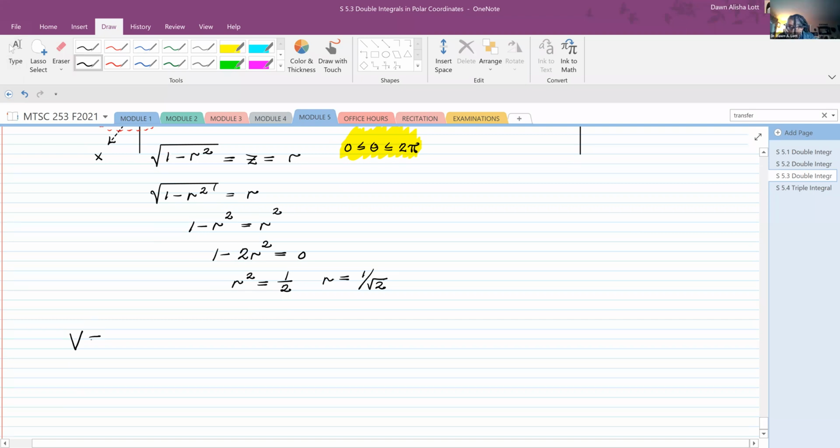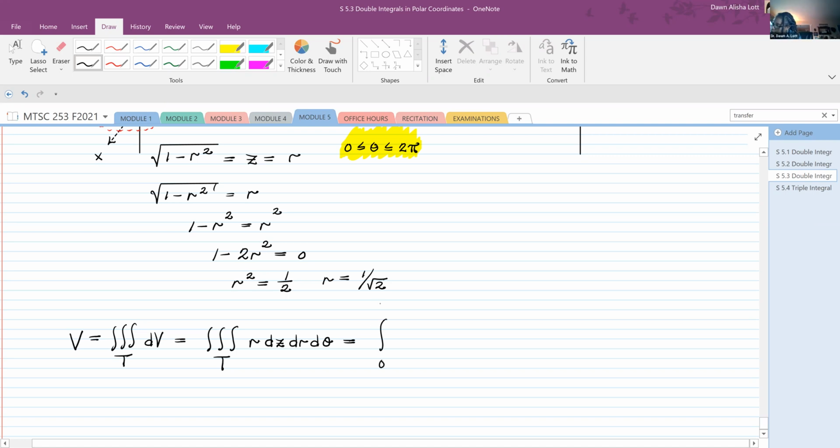So the volume is the triple integral over the region dV, but unfortunately I just cheated and didn't realize I wasn't supposed to do this, which is r dz dr d theta. I'm sorry. Okay, but it's not hard.